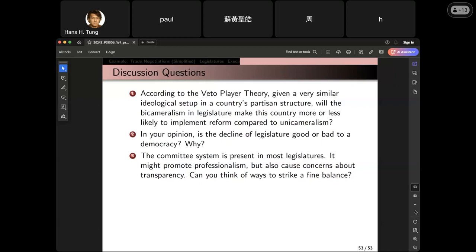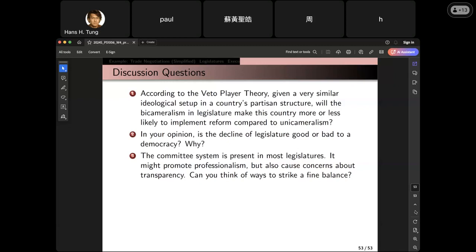But sometimes it's also because the executive doesn't want to be held accountable for the mistakes they make. And therefore, if the legislature is not powerful enough, it might not be able to identify those mistakes, and therefore allows incapable governments to continue to be in power.